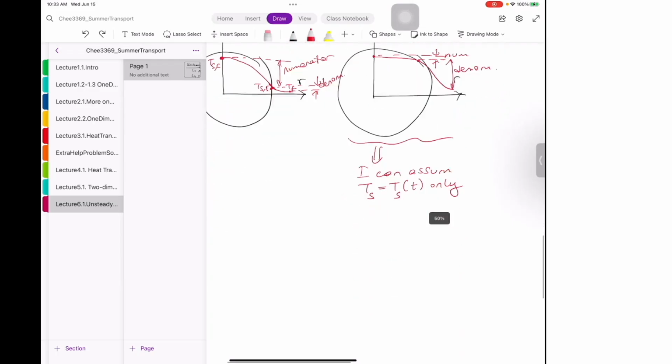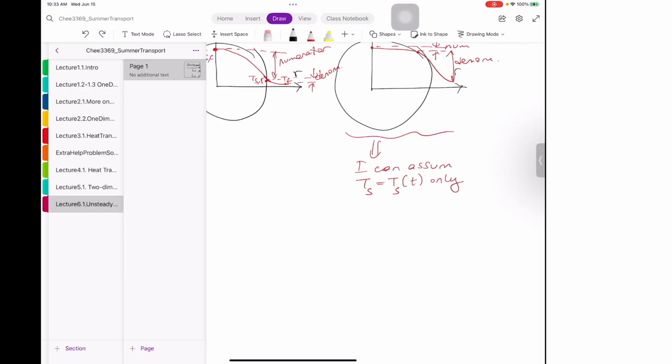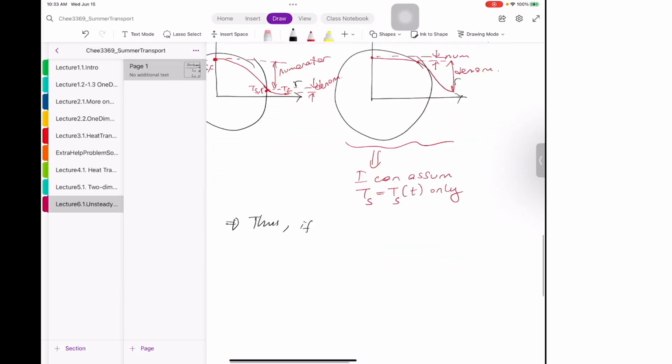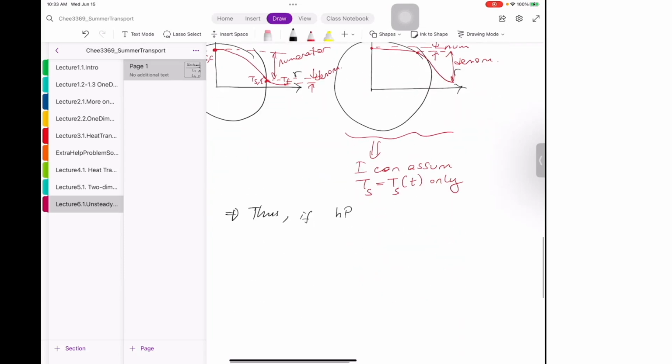So if this number hR over k is much, much smaller than 1, then the solid temperature can be assumed uniform, changing with time only.